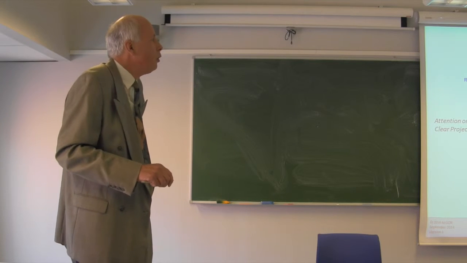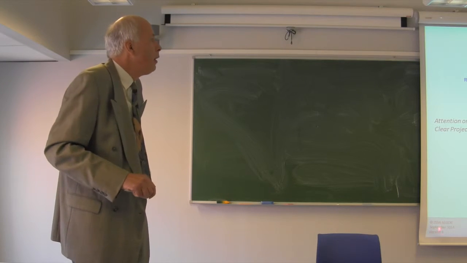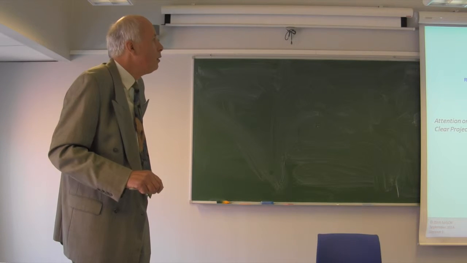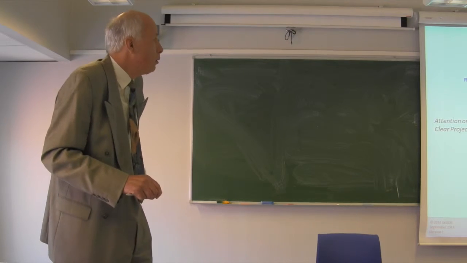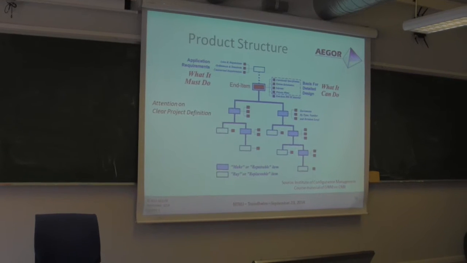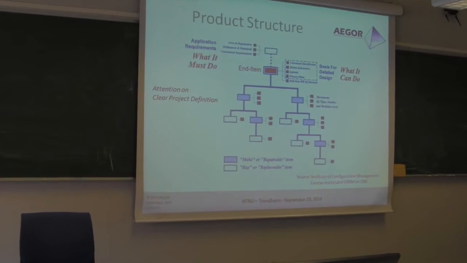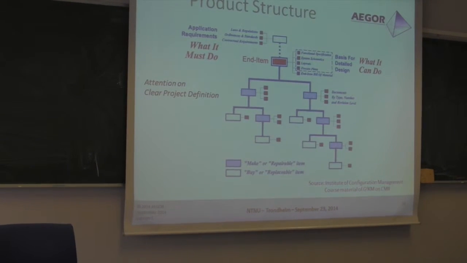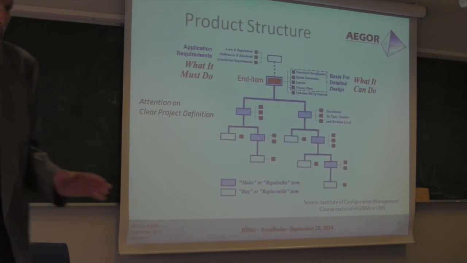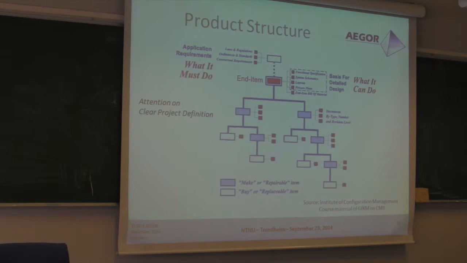In the case of operations and repair, etc., we are ending with a buy or replaceable item, where nothing is repaired but the whole thing goes out and a new one comes in. There we end our configuration. I think I had my three points, so I go further.